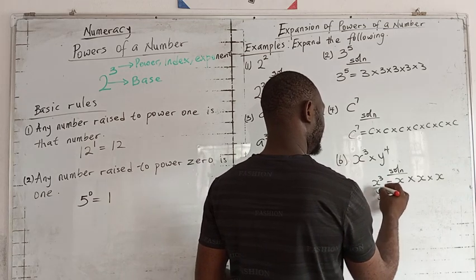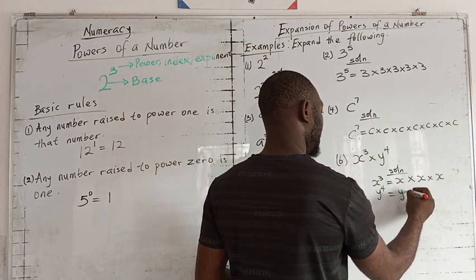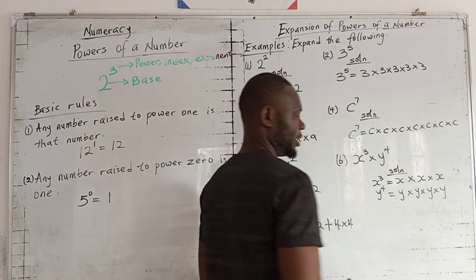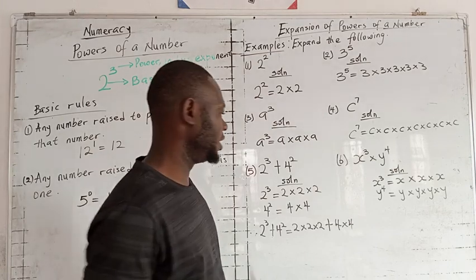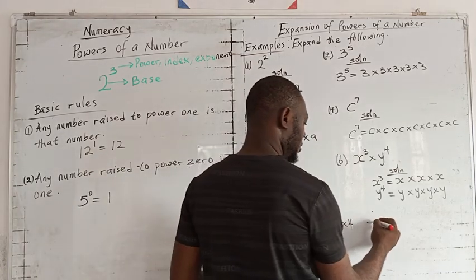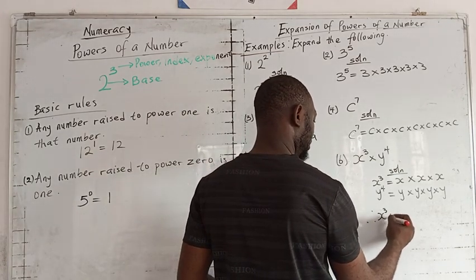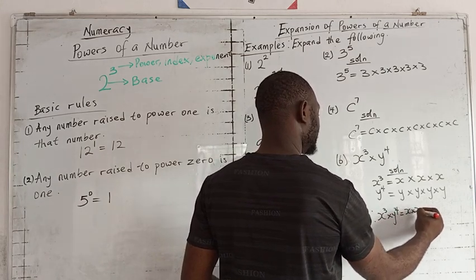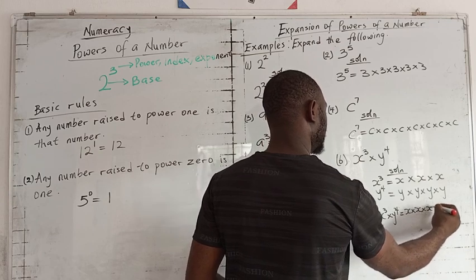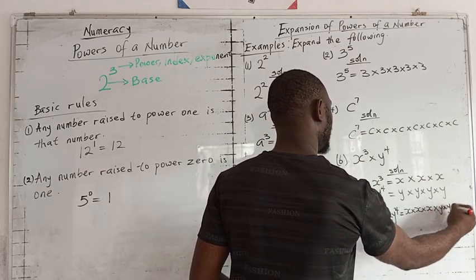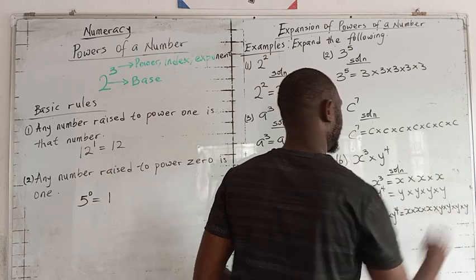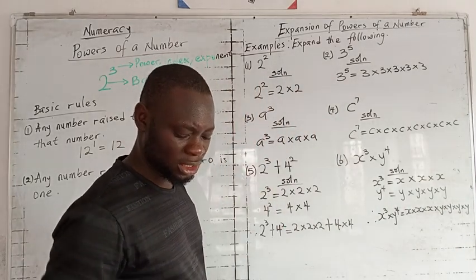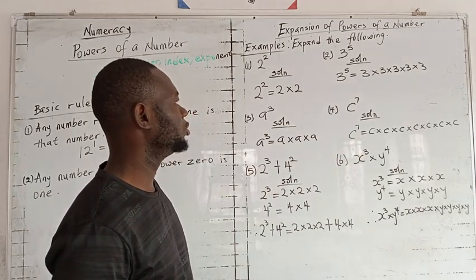While y raised to power 4 becomes y times y times y times y. Y in 4 places. Therefore, x to the power of 3 times y to the power of 4 becomes x times x times x times y times y times y times y. Are you seeing it? So it is very simple and easy to do.